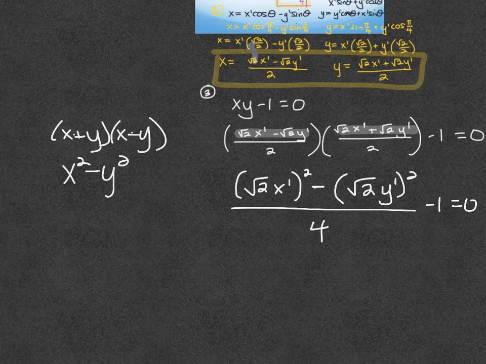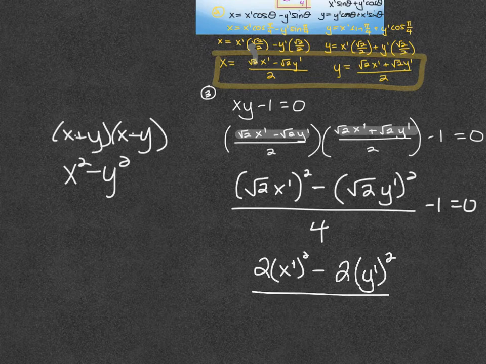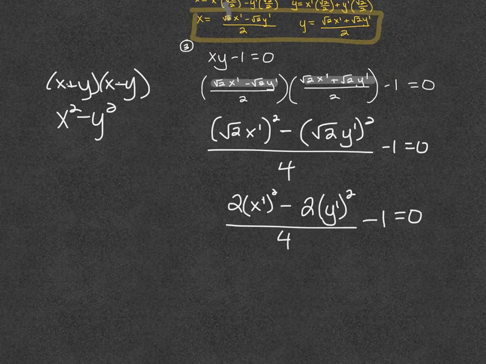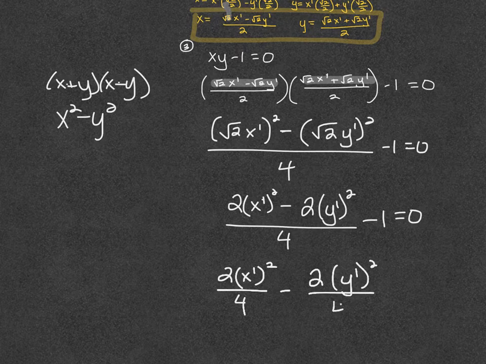So what's root 2 squared? 2, and that's x prime squared. Minus 2 again, y prime squared, over 4 minus 1 equals 0. Now I got to get this into standard form. So I'm going to split it up. 2x prime squared over 4 minus 2y prime squared over 4.